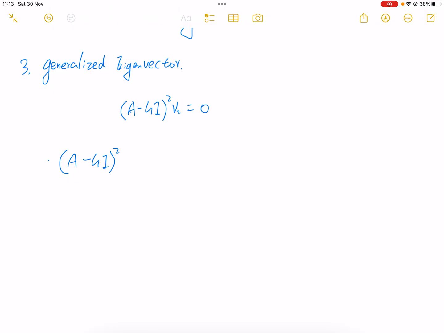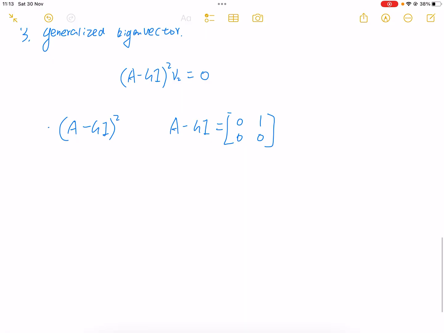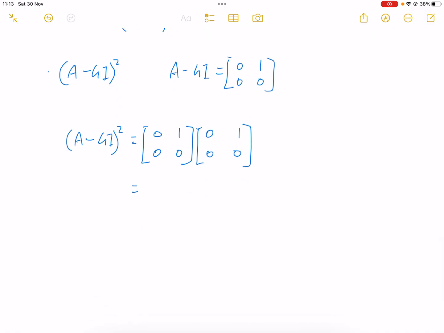Squaring the matrix [0, 1; 0, 0] times [0, 1; 0, 0], first row, first column, we have 0.